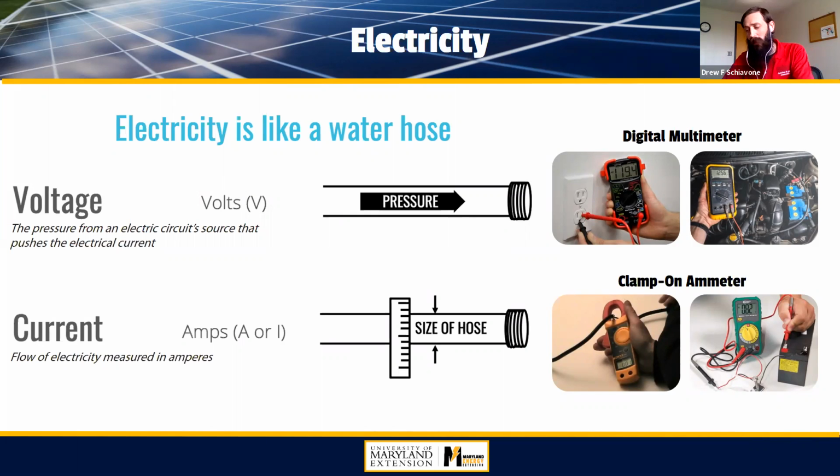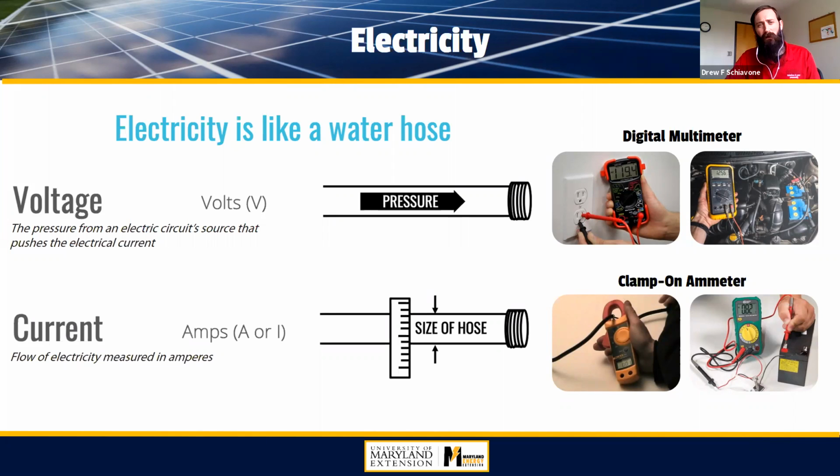What I think is practical here as well is taking a look at the terms voltage and current. These two terms I think many of us are probably familiar with to some extent. What I find helpful in understanding voltage and current is using the analogy of water moving through a garden hose.